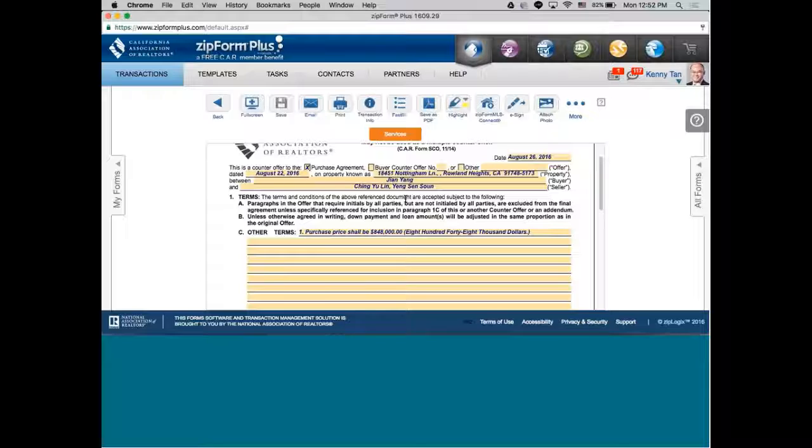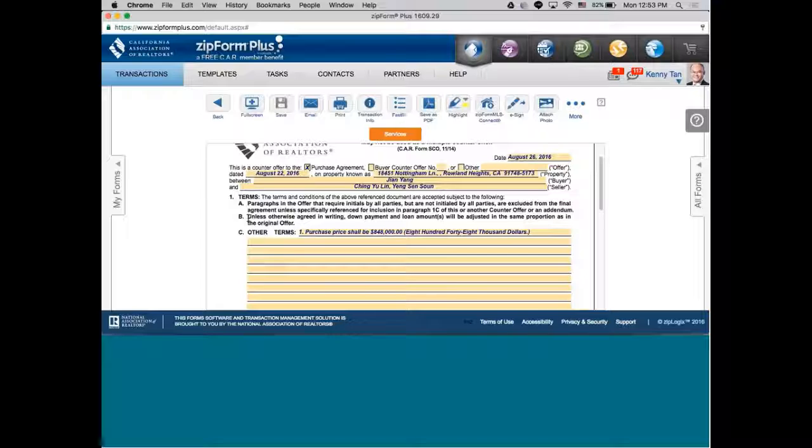On the buyer side, when the buyer submits the offer, hopefully he would have initialed everything and signed everything. But if you're the seller and you don't go back and ratify the offer, you have a problem with 1A. So you must always go back and ratify the offer. Make sure that your seller signatures and your seller's initials are all there on the offer. That's why this one is very, very important.